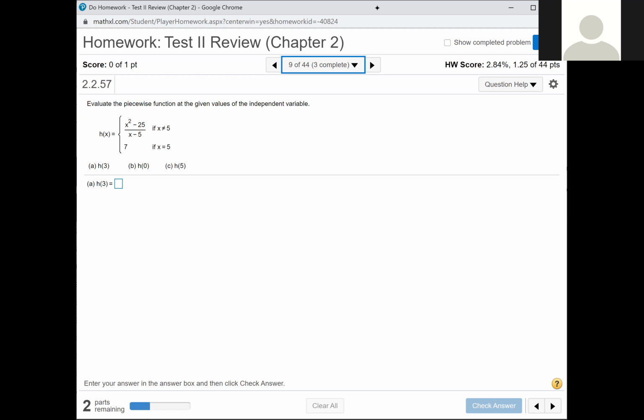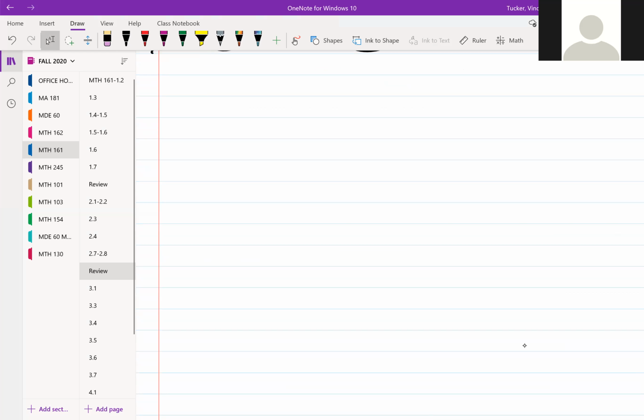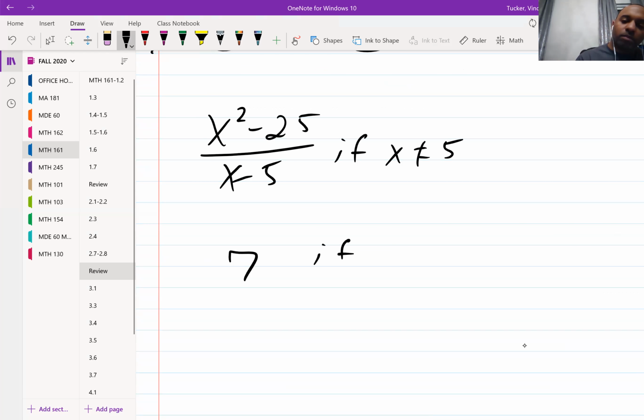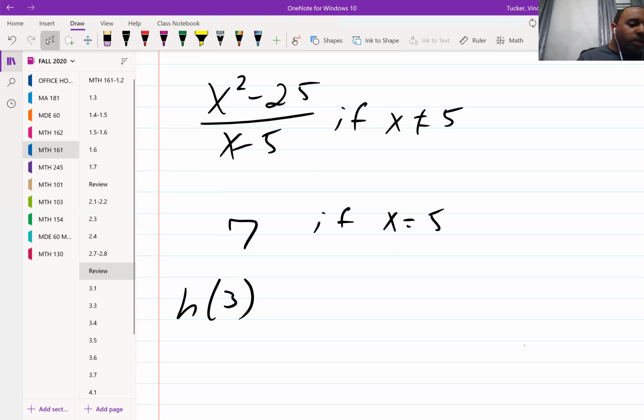Okay. All right. Let me take a quick pic so I can not have to keep flipping back. All right. So we have x squared minus 25 over x minus 5. And we have 7. All right. So h equal to 3.